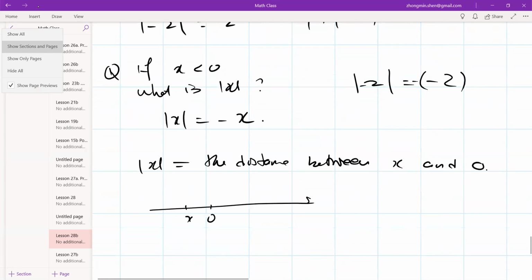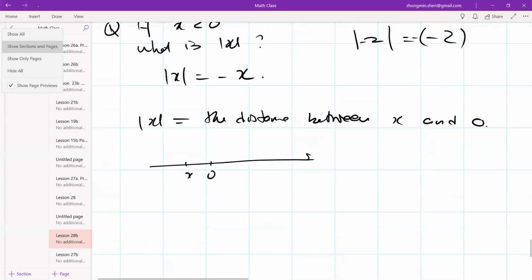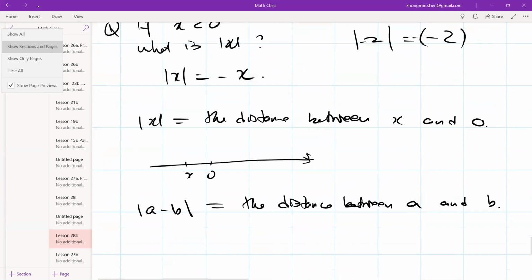And the absolute value of a minus b is the distance between the points with coordinates a and b.